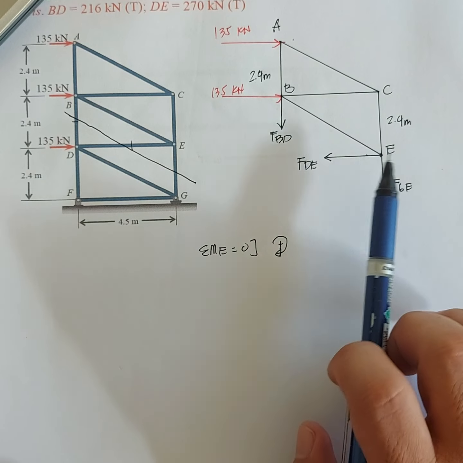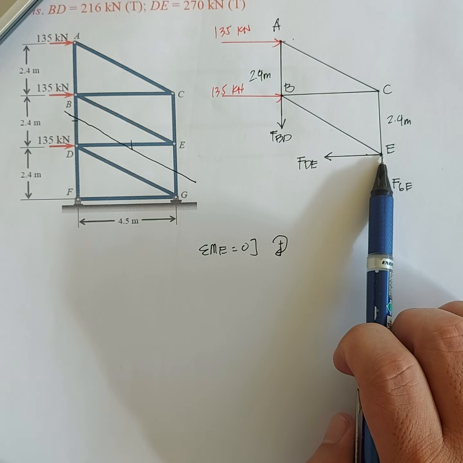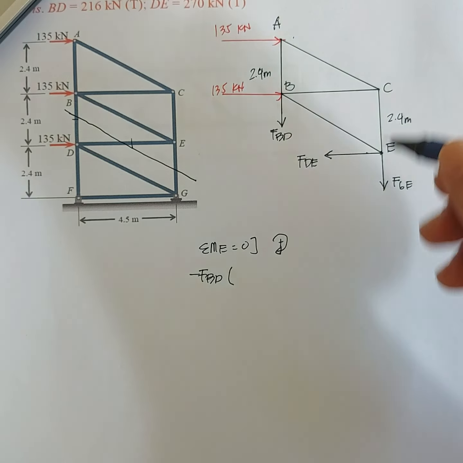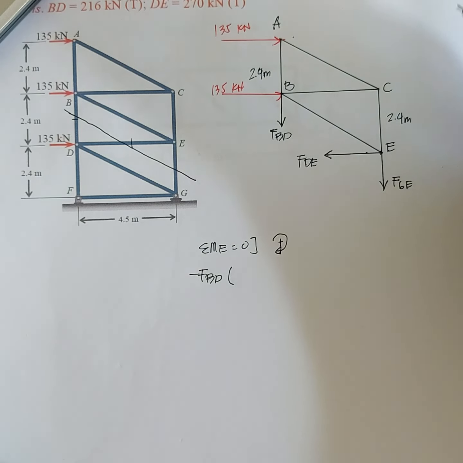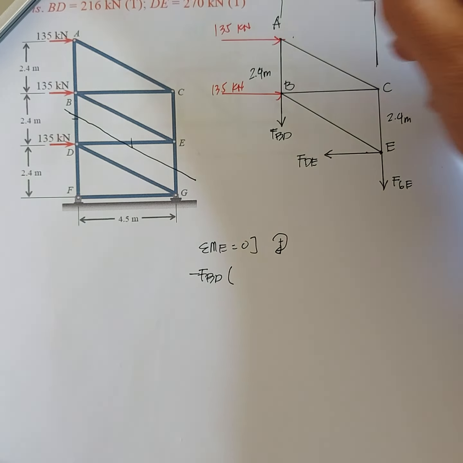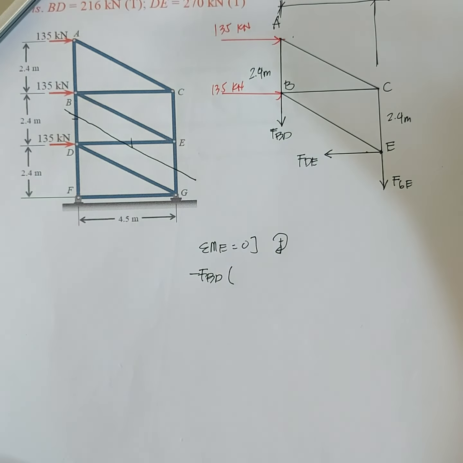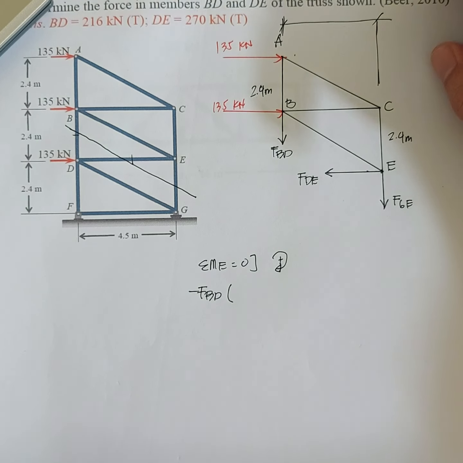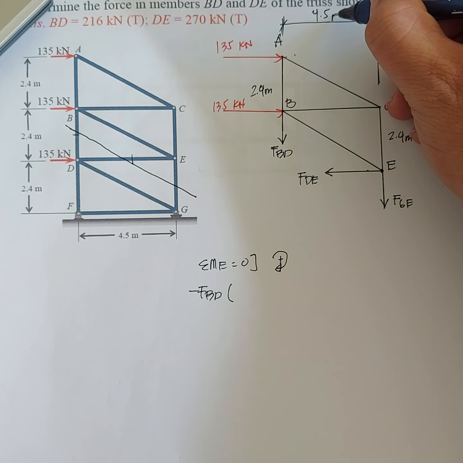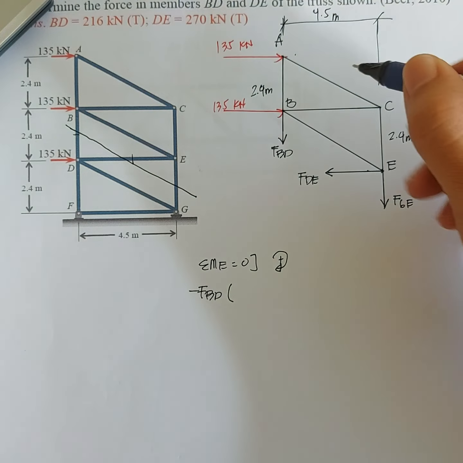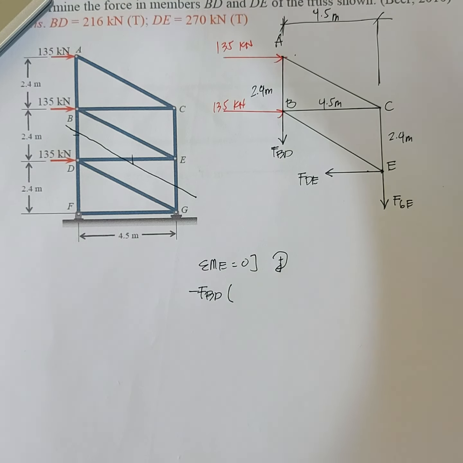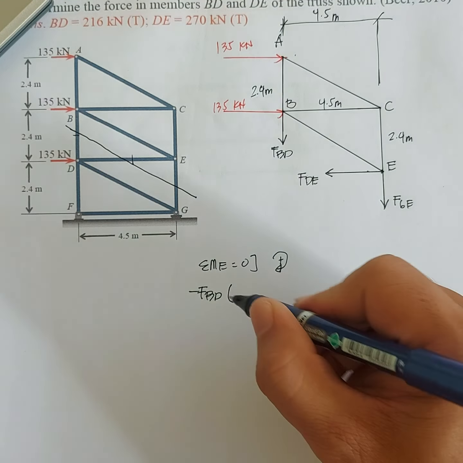So we have FBD creates a counterclockwise moment about E. So that's minus FBD times its moment arm about E. That's 4.5 pala to. Ayan. So, ang distance nito, this is 4.5 meters. So, the moment arm of FBD is 4.5 meters.